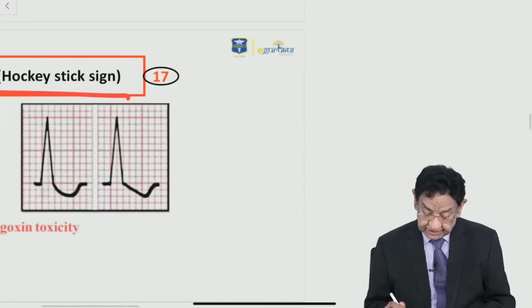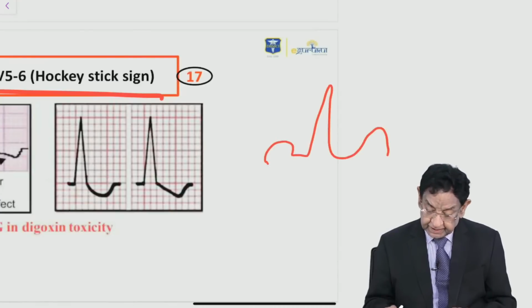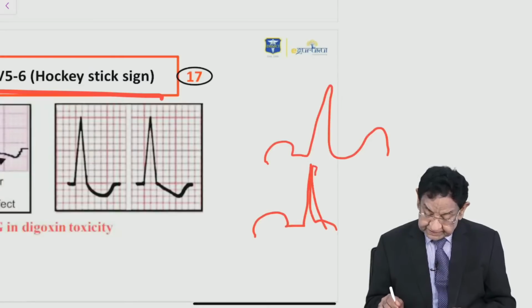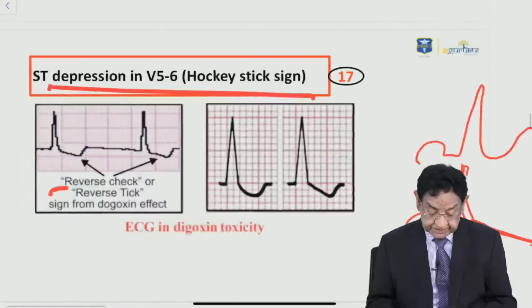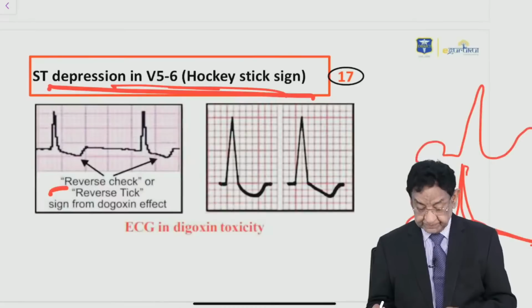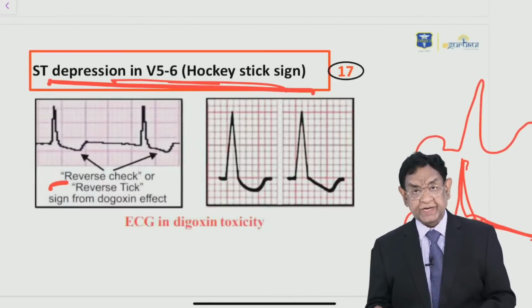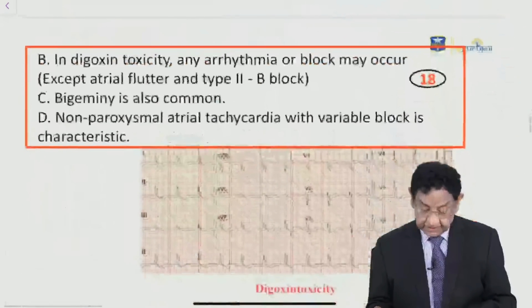Look at this. This is the normal recording. Now, in this ST segment it gets depressed like this, the so-called hockey stick sign. This is a classical finding that you get in digoxin toxicity.